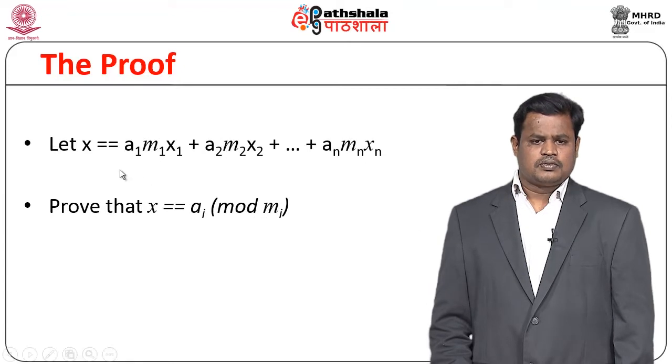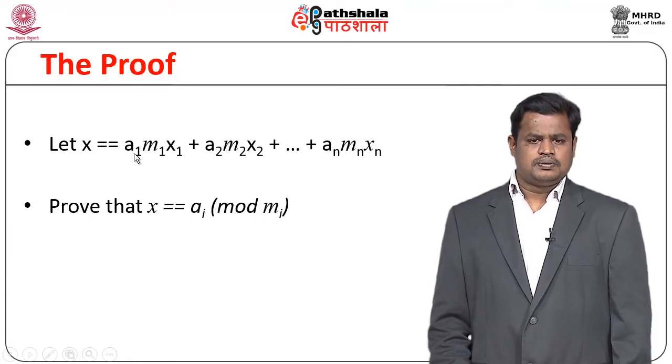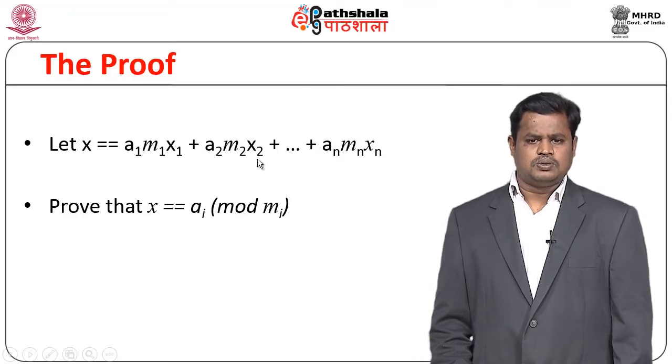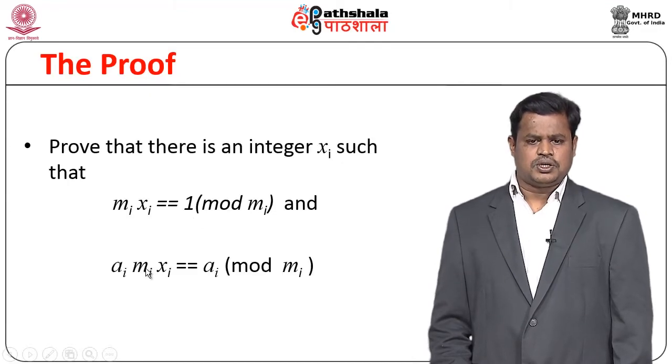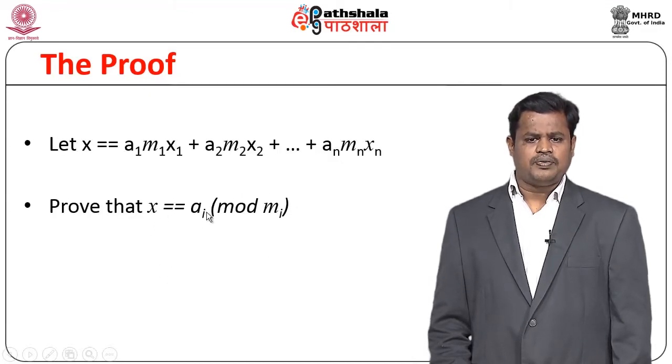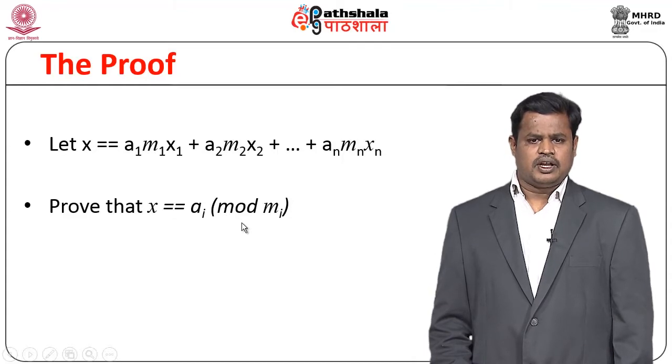So let x be equal to a1 M1 x1 plus a2 M2 x2 up to an Mn xn. It proves that x is equal to ai mod mi. That is what we can understand from this expression.